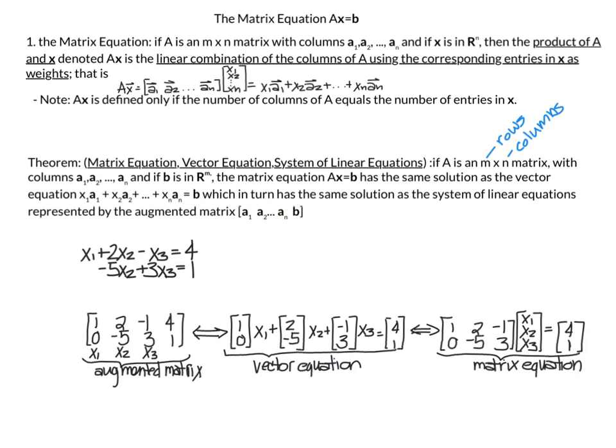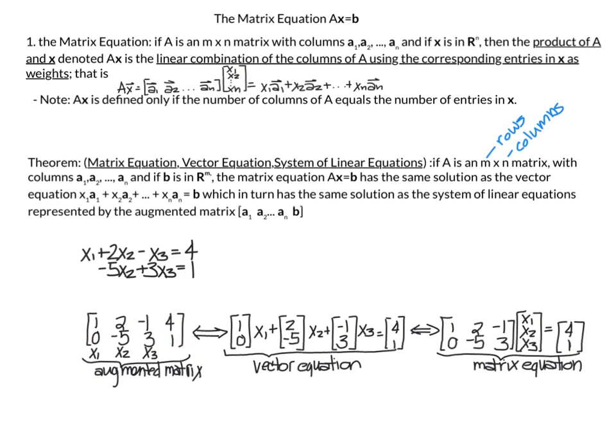Relating this theorem now to this example here, we started with a set of linear equations and we came up with the augmented matrix. We took the coefficients of the first row, 1, 2, minus 1, and 4, to make the first row of our augmented matrix. Then we took the coefficients of the second row, 0, minus 5, 3, 1, and put them on the second row of our matrix.